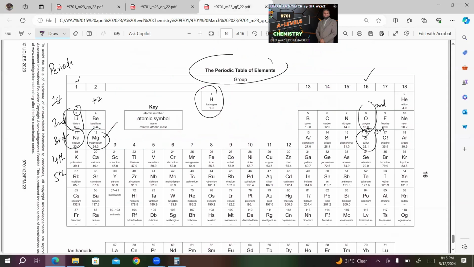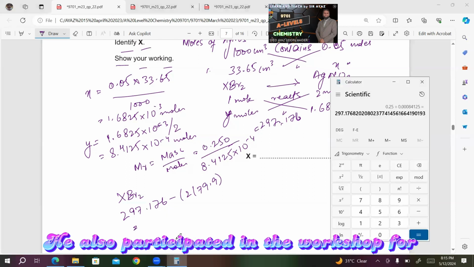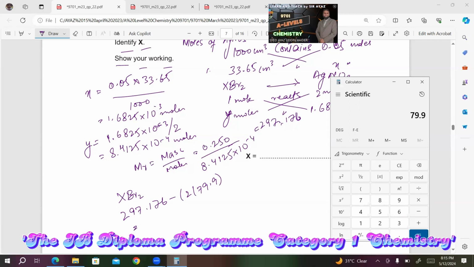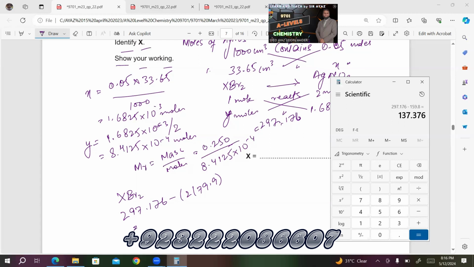So where is Br? Here is Br. It's 79.9. So 2 multiplied by 79.9, what we will get? 79.9 multiplied by 2, 159.8. 297.176 minus 159.8 gives 137.376.